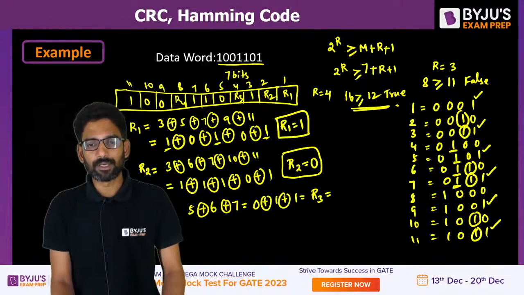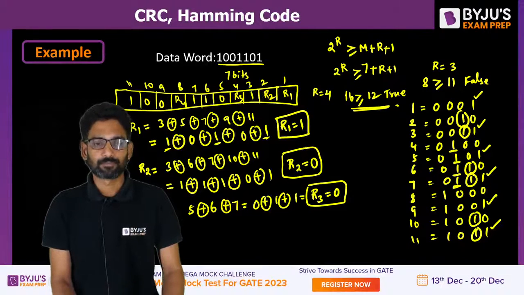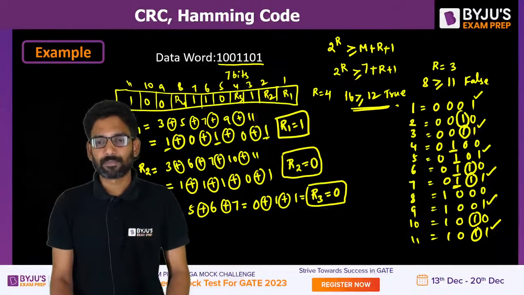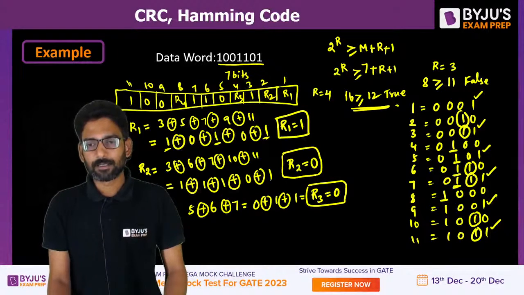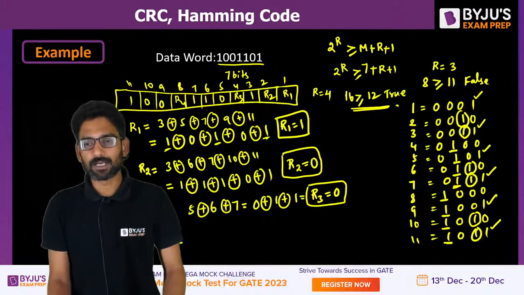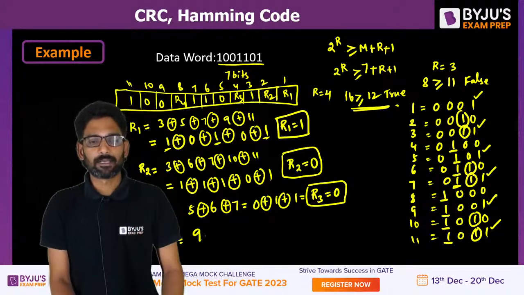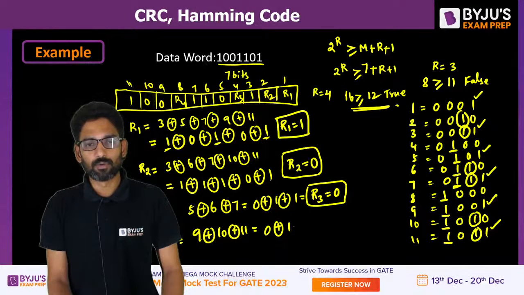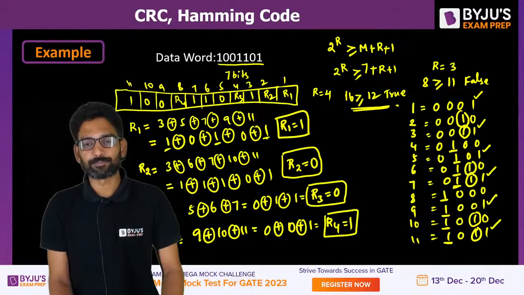So to keep it even, I have to make R3 as 0. How do I calculate R4? R4 has 1 in the MSB place. What others have 1 in the same place? 9, 10, 11. So do XOR of 0, 0, 1. To make it even, R4 must be 1.